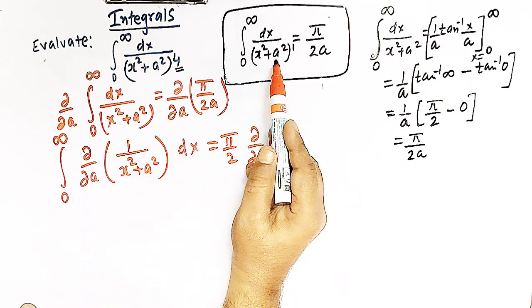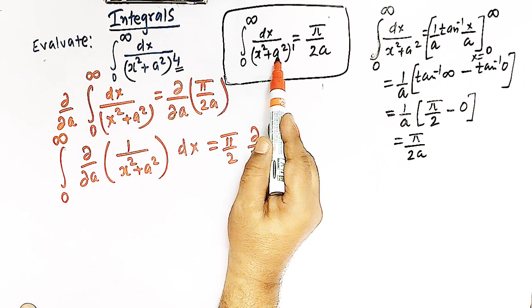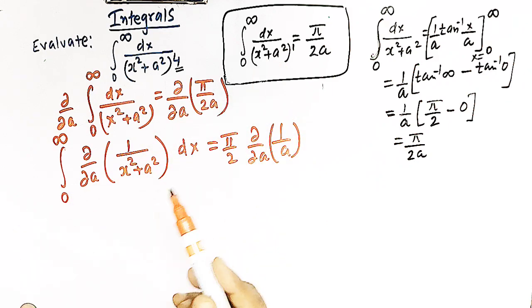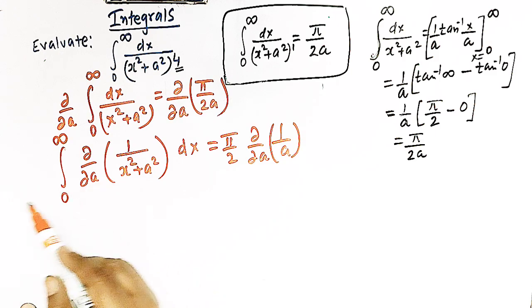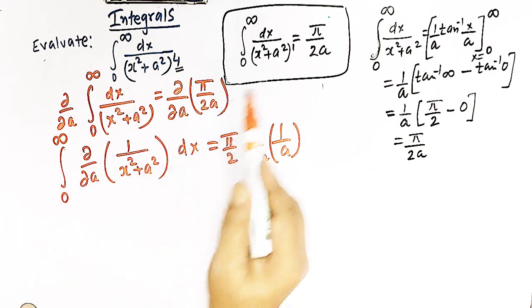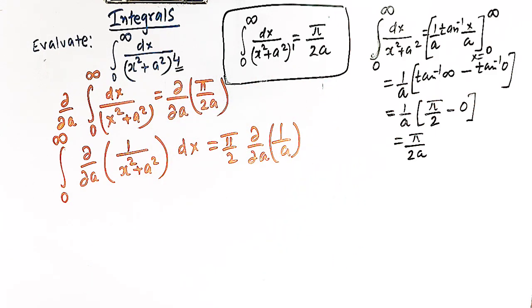Here we are taking a as a variable and x as a constant. So we are taking the partial derivative of both sides with respect to a.